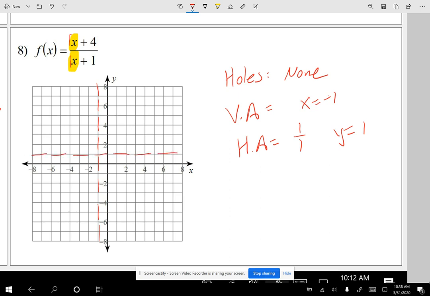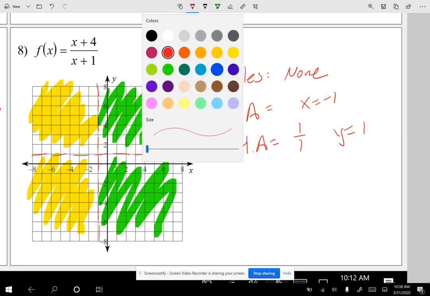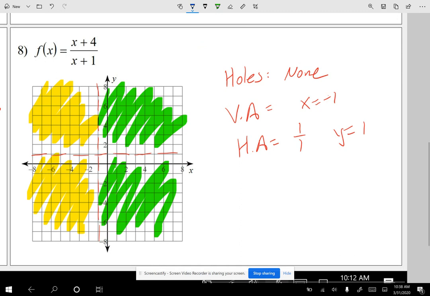Now, to the left of my asymptote, I'm either in this section or this section. To the right of the asymptote, I'm either on this section or this section. So let's take a look at the yellow sections. I'm going to choose a value of x less than -1, so to the left of -1, let me choose -2.